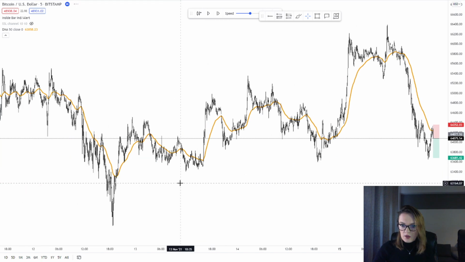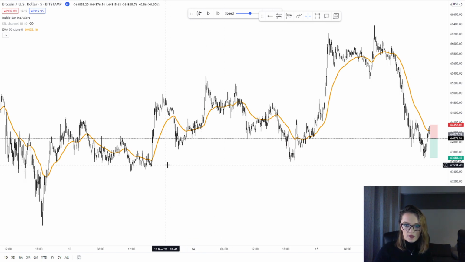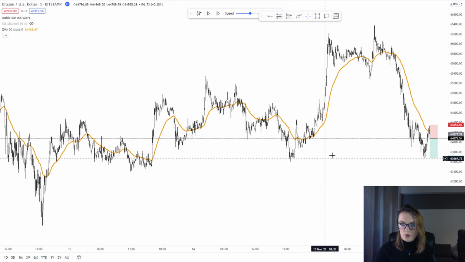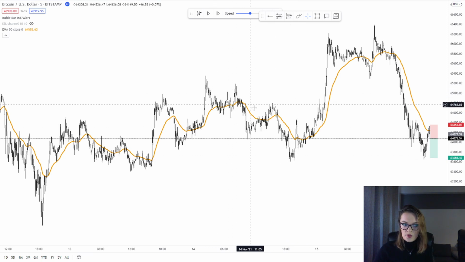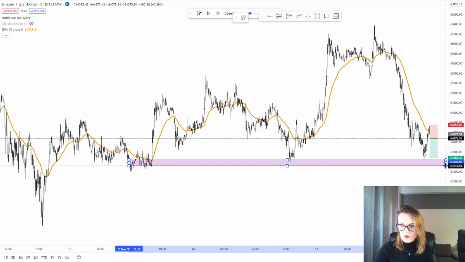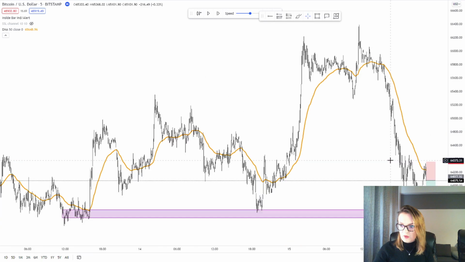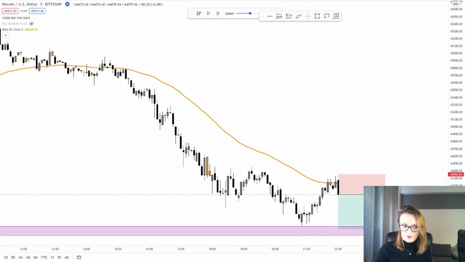As we can see, this level was an important support several times, and this prior bearish momentum has shifted after testing this level, so I will mark this right here. Okay, and my target will be set at around here, and let's see what we get for this position.